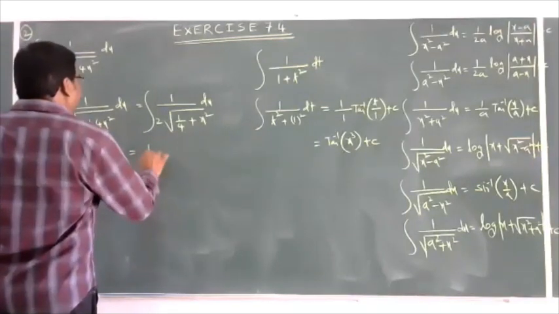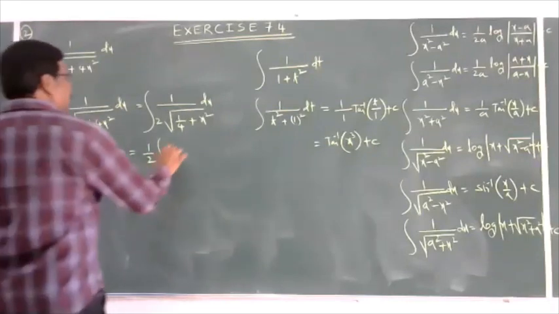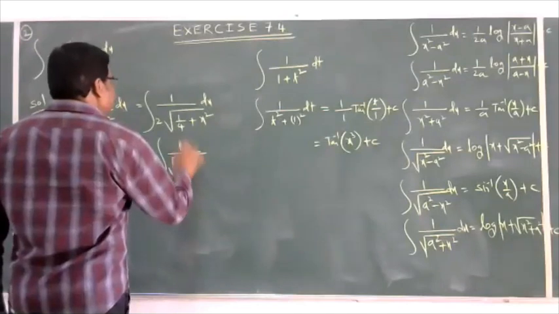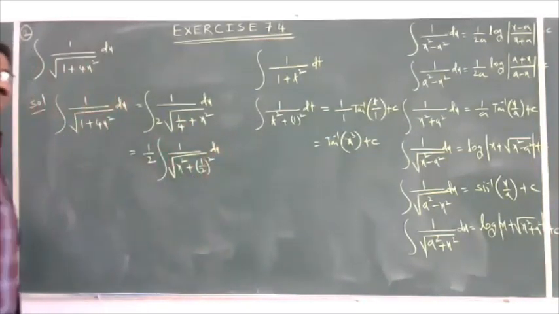That is equal to 1 by 2 constant outside. Then 1 by root of x square plus 1 by 4, which is 1 by 2 whole square, dx.